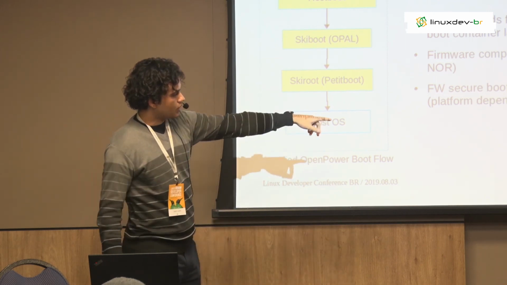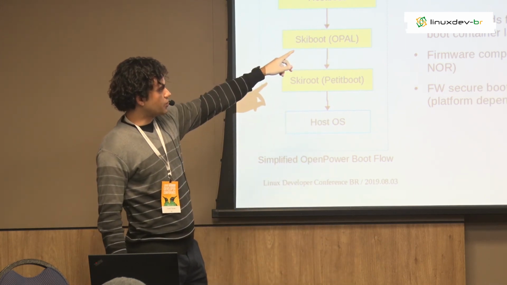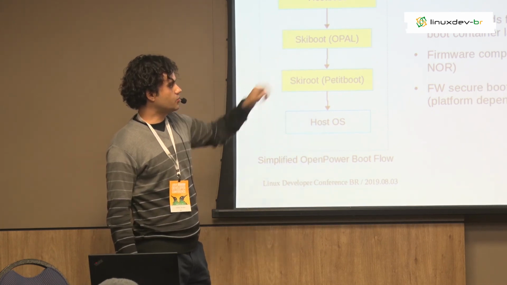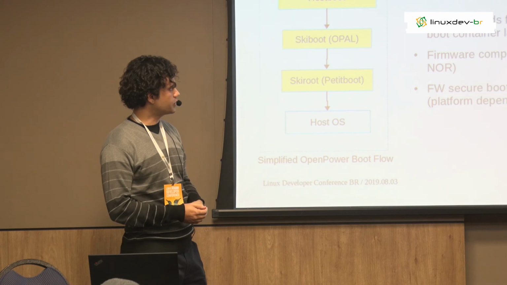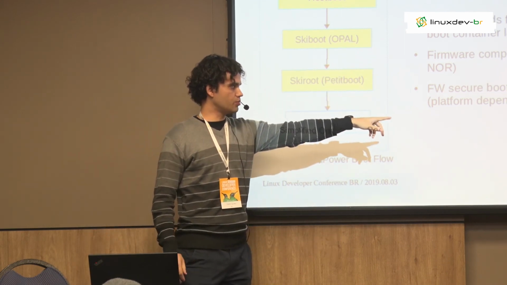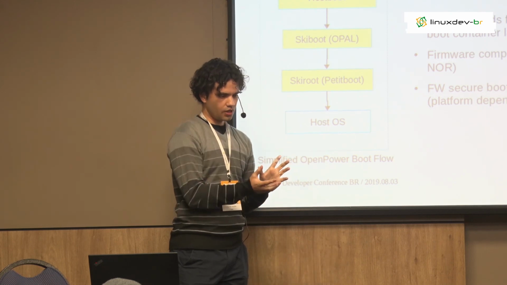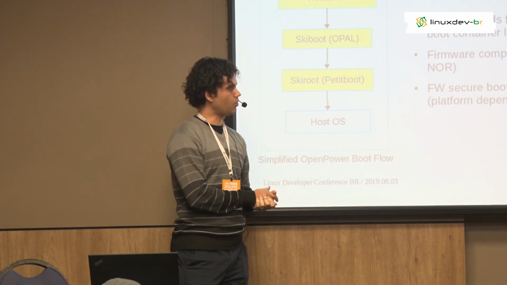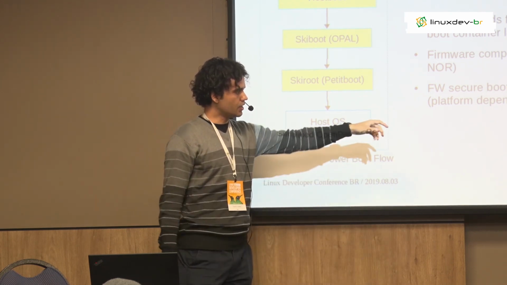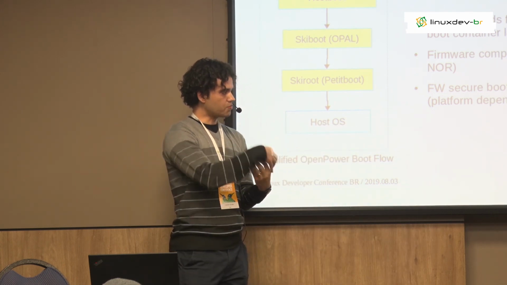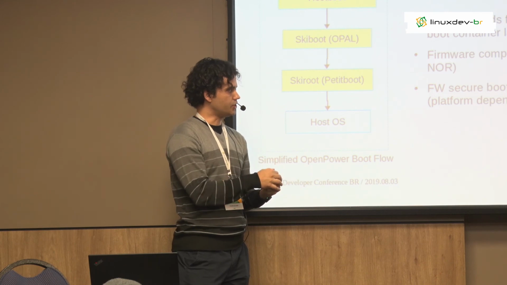Okay, so I said that we have a verification code that is responsible for verifying the secure boot containers. But what is a secure boot container? OPBuild builds secure boot containers. It takes a firmware component and builds a container for that component, which is basically a header that wraps the payload, the image itself.